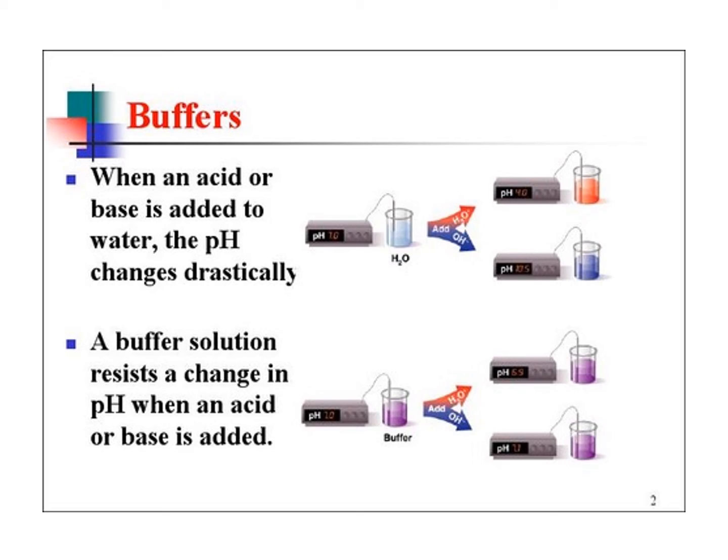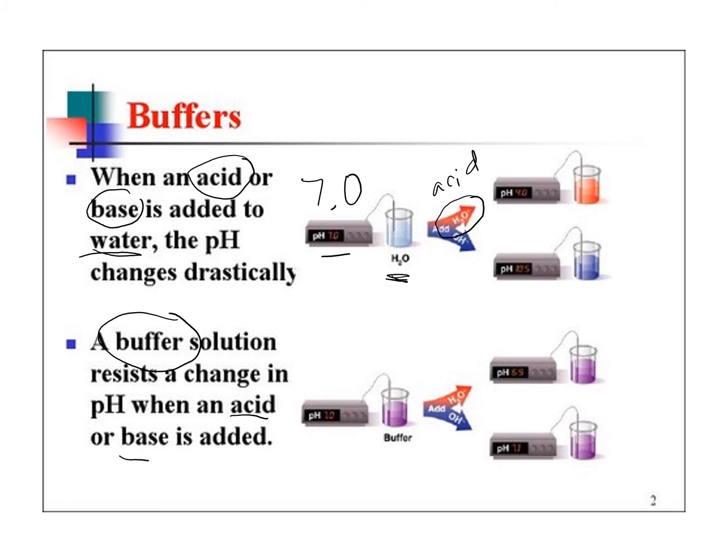In this example, we're going to be looking at adding a strong acid or a strong base to water and see how the pH is affected. And then we're going to compare it to a buffered solution when you add a strong acid or a strong base and see how the pH changes. So in the first example here, I've got my beaker of water. The pH of my solution of water is neutral. It's a little hard to see the slide here. And I'm going to add hydronium ions, which represent my acid to it.